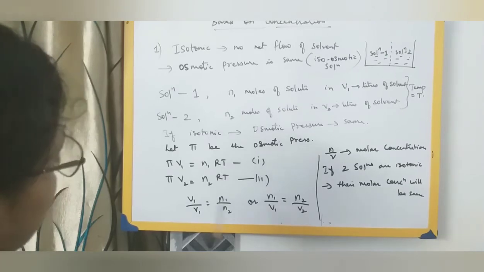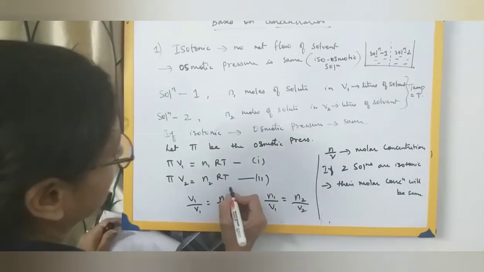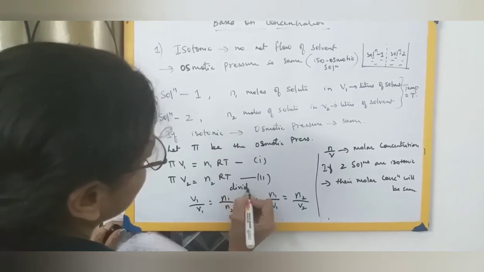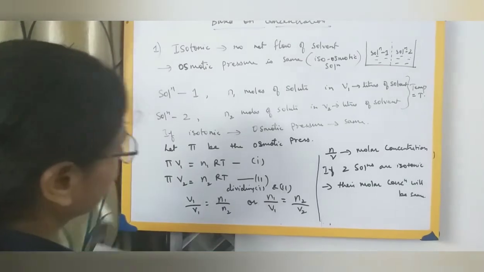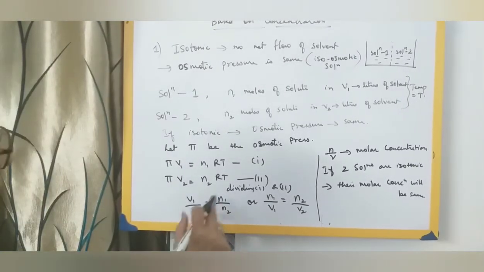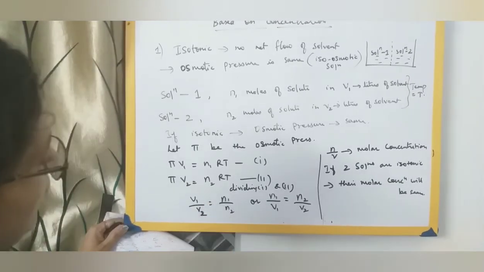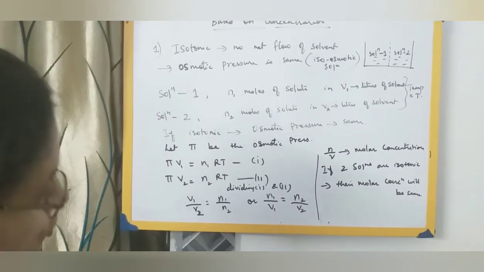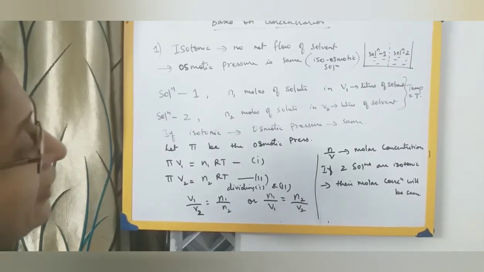Dividing equation 1 by 2, we get V1 by V2 equals N1 by N2, or N1 by V1 equals N2 by V2.